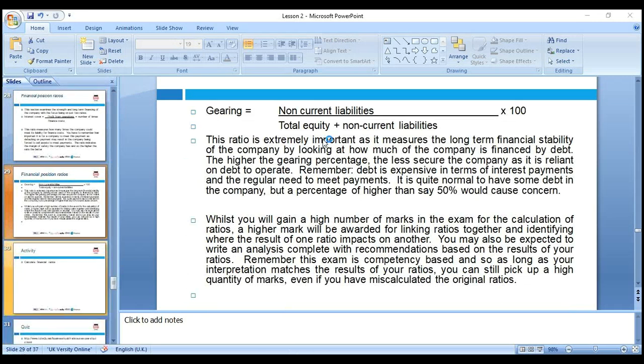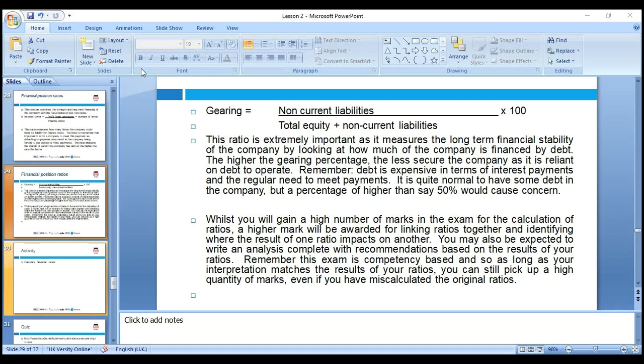So far, no. Okay, so next I'll send you these handouts as well, which will go through a few ratios now. So 4 types of ratios: profitability ratios, liquidity ratios, use of resources, and gearing ratio.